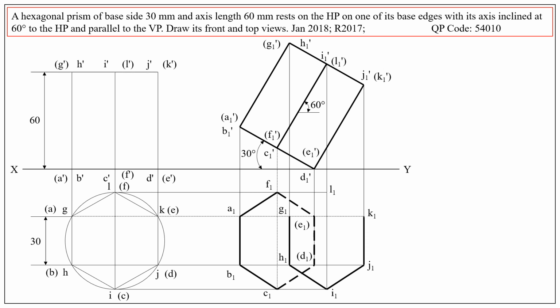So that is G1, H1, I1, J1, K1, L1. So the top hexagon, all the edges are visible, represented using continuous line, because those edges are nearer to the observer's eye.